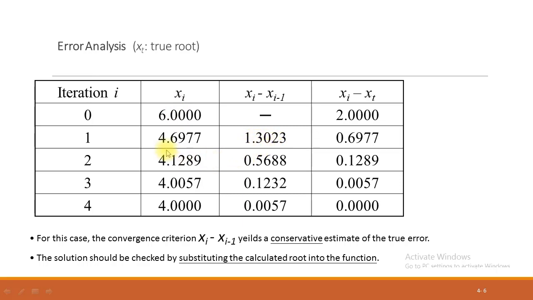1.3023, and now subtract this x2 from x1, we obtain the error 0.5688, and similarly subtract this root from this root, we obtain the error 0.1232, and now subtract this root from this root, we obtain the error 0.0057.